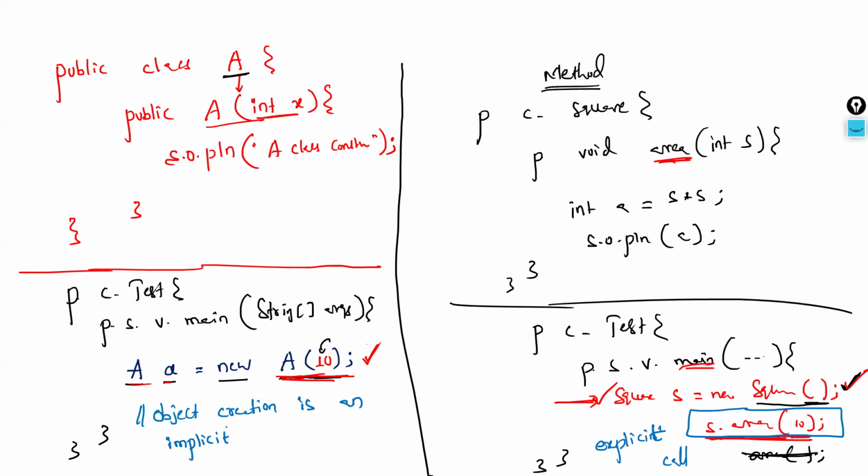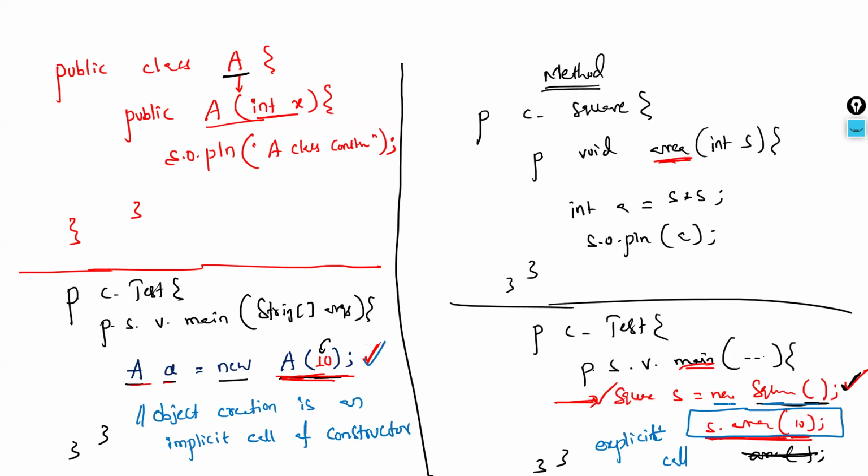So object creation is an implicit call of constructor. It means if you just write this line of code and execute the program, whatever code is written in the constructor will be executed by JVM. Understood? So this is object creation because of the new keyword, and the parentheses are the constructor call itself.